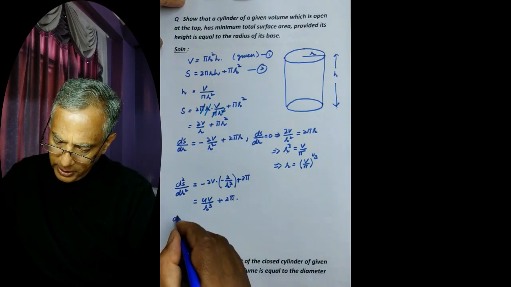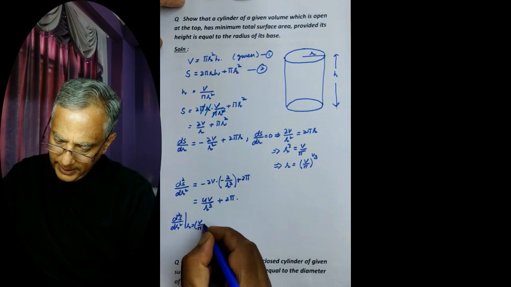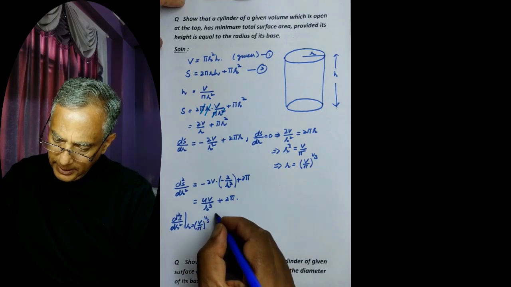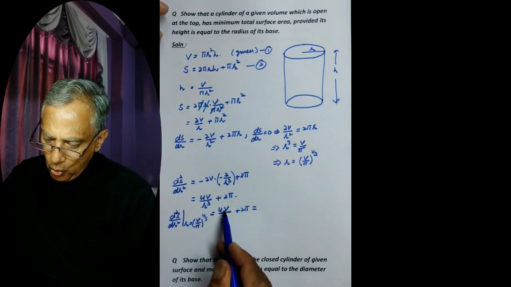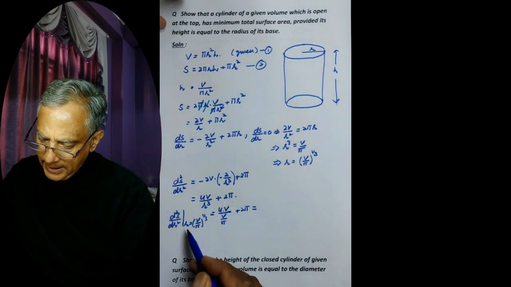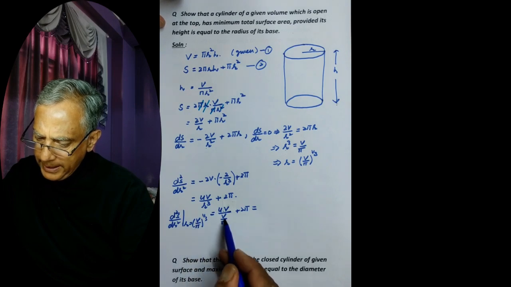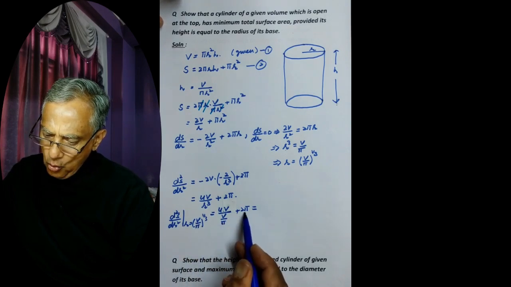positive. Therefore, d2S by dR square at R equal to V by pi to the power of 1 by 3 is equal to 4V over R cube, where R cube is V by pi, plus 2 pi.